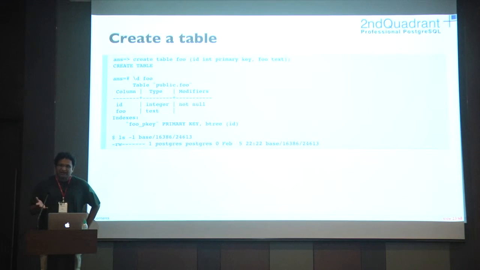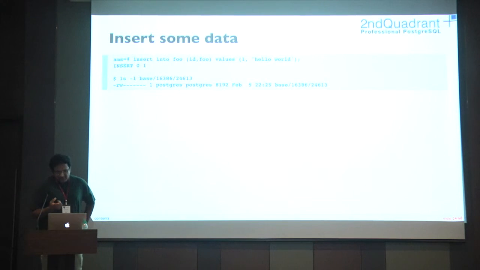It's a 0-byte file, and it will stay that way until I actually insert some rows, such as the one I'm inserting here. So now you can see that the file on disk is 8192 bytes long.